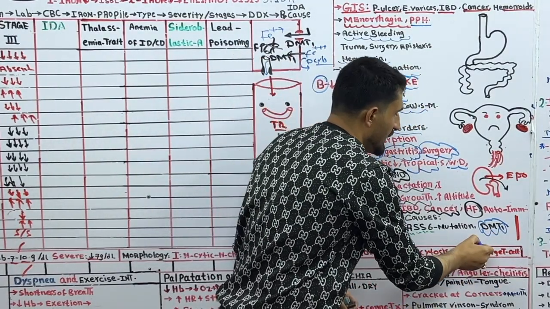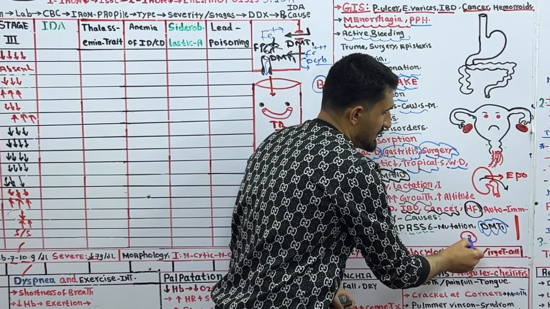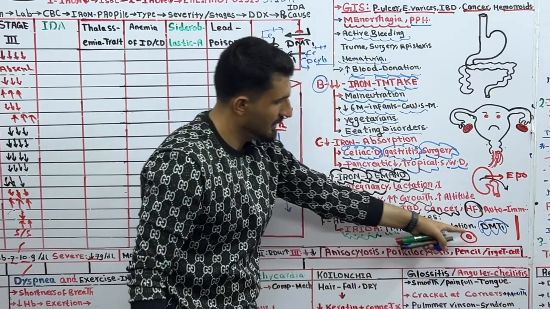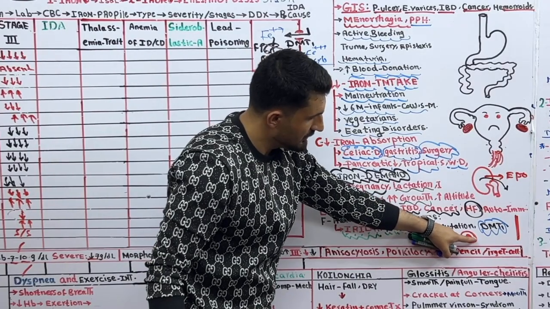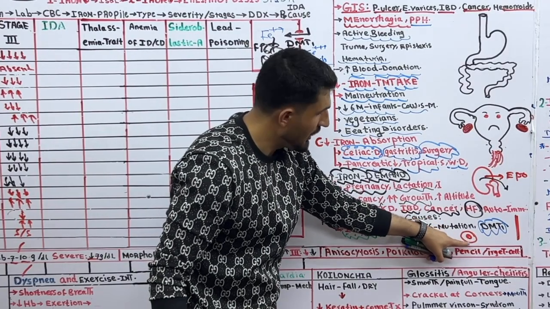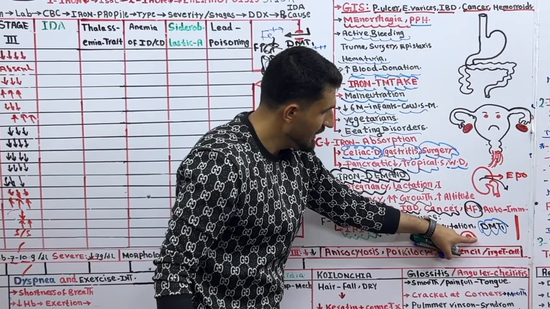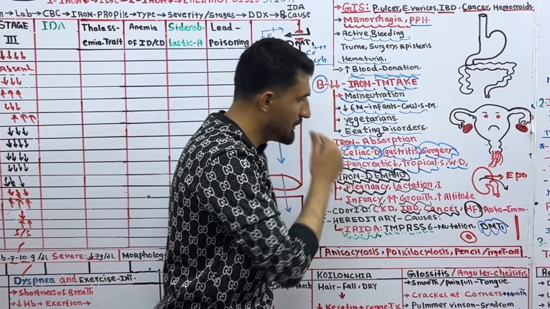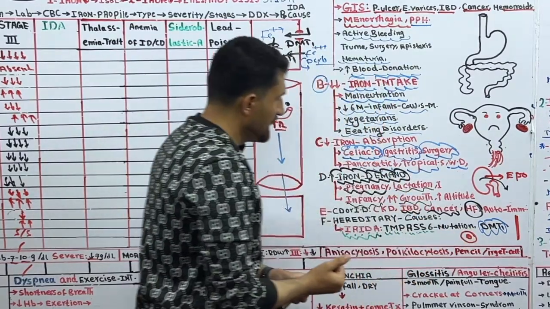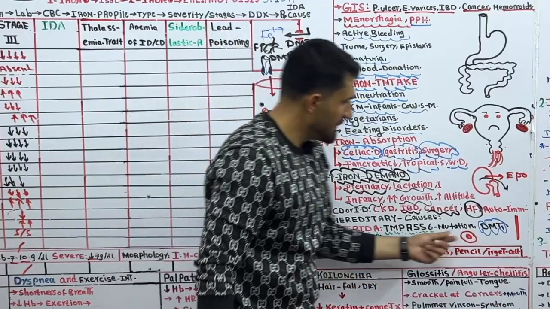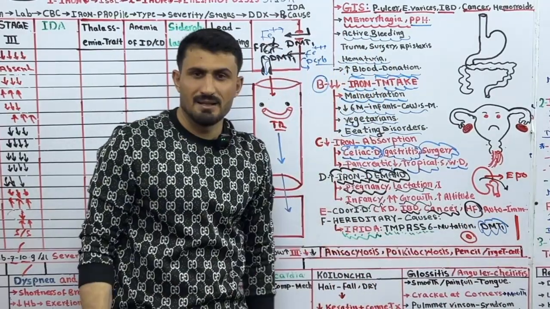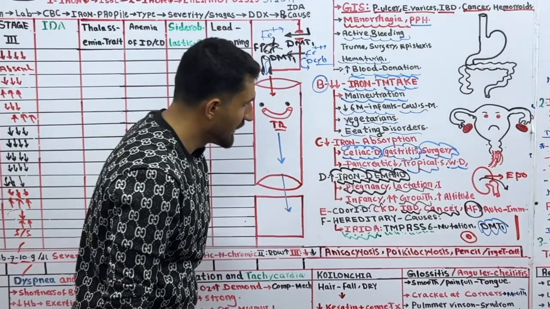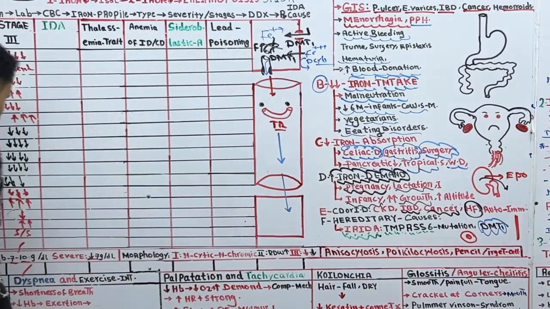Some of them will be like a target cell, where the center will be pale and the periphery will be red, and that's due to excess membrane. And sometimes you will find other types of cells, so different shapes of cells in the peripheral blood smear. Got it?